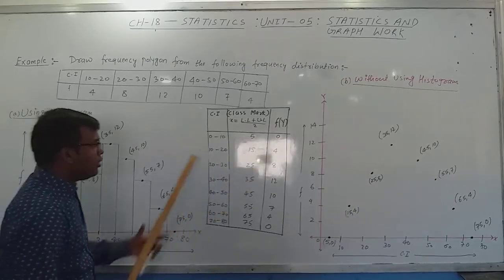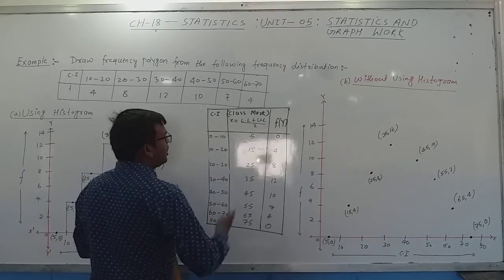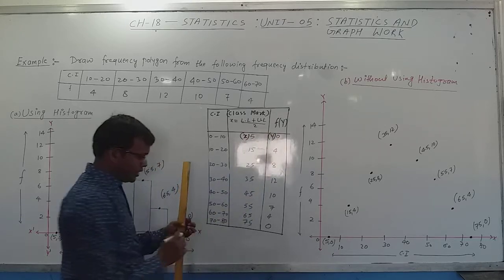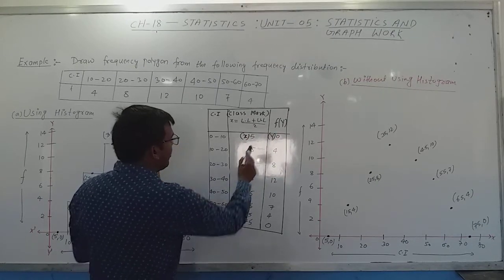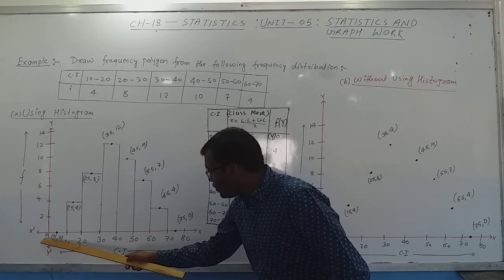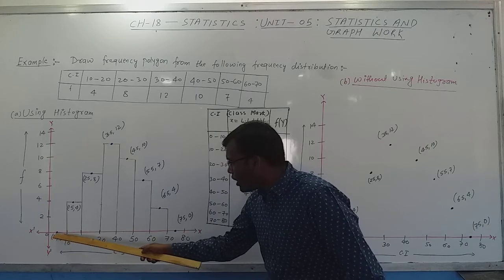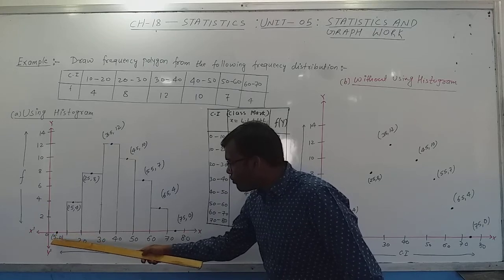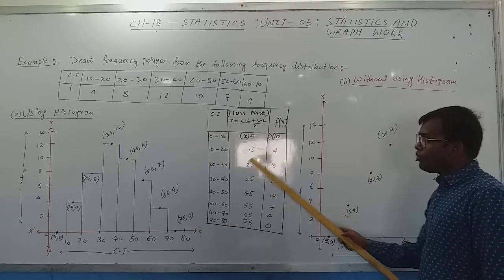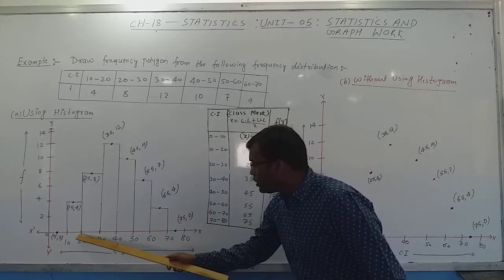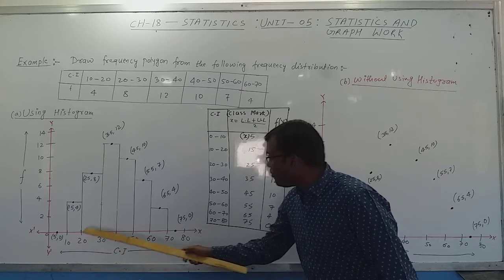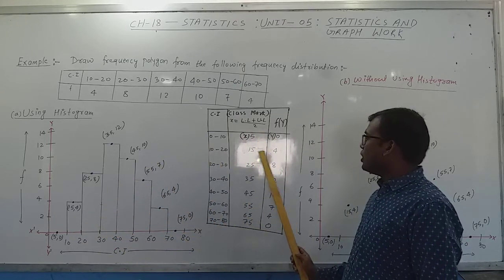Okay. And now the class mark will work for the x-axis and the frequency will work for the y-axis. That means for x it is 5 and y it is 0. So the first coordinate will be 5, 0. Now the second one, 15, 4. So 15 is the class mark of 10 to 20, and frequency is 4.